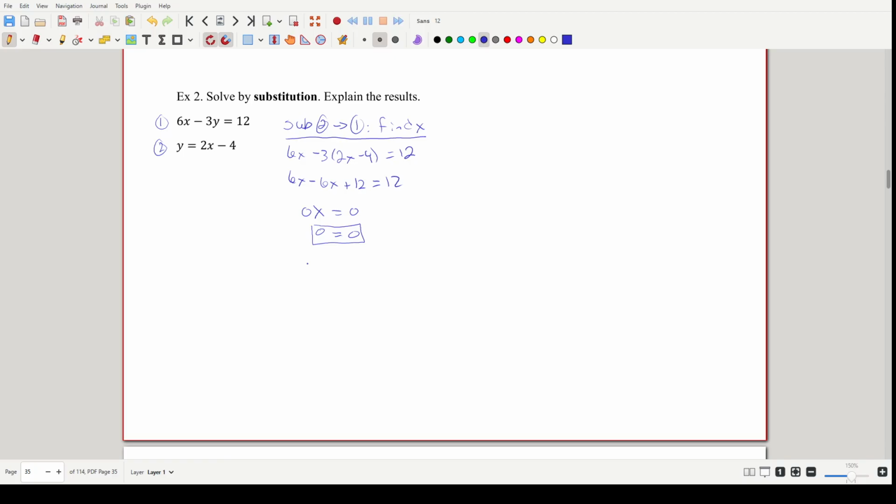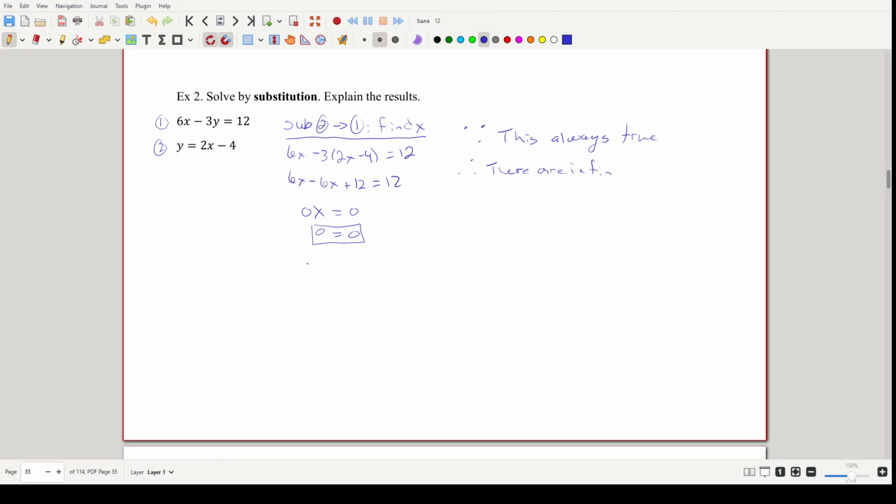Always true. So since this is always true and gave us no other information, what we can say here is that therefore there are infinite solutions.